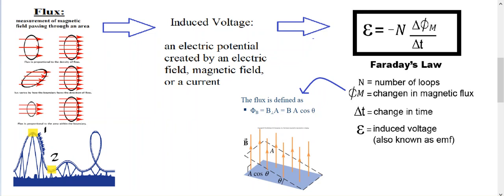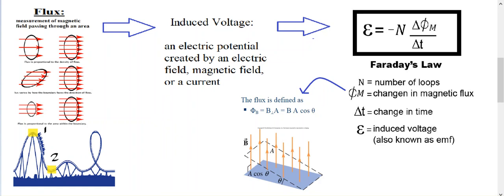Now in a perfect world, if we were sitting at position 1 and say there were a strong gust of wind, the amount of wind just suddenly changed, the magnetic field changed. We would feel the carts may start to move, start to roll down the hill and travel along their track or path, in the same way that if we were to change the magnetic field for a circuit, the current would start to circulate again.